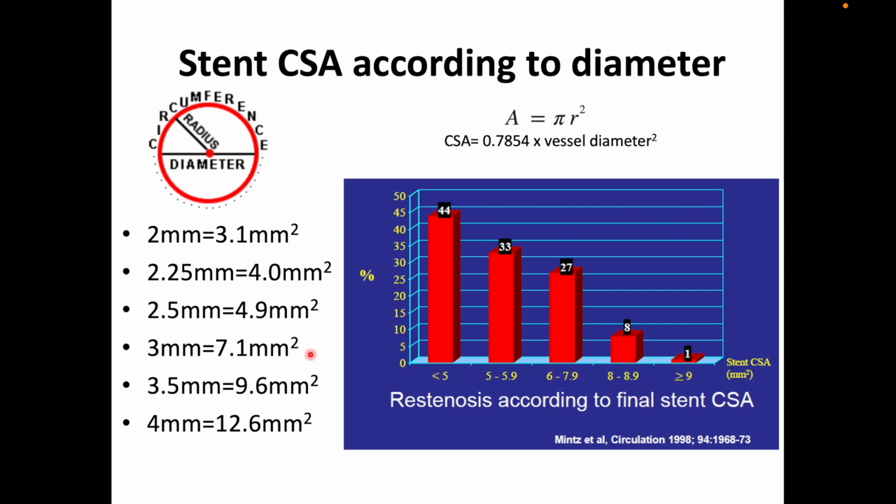That's why for the bare metal stents 3.5 and more is the recommendation rather than 3 millimeter or less stents. That's because this study was done in the bare metal stent era, and this result shows why we've got the recommendation of 3.5 millimeter or more for the bare metal stent.